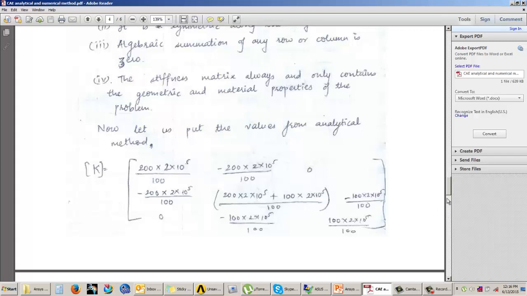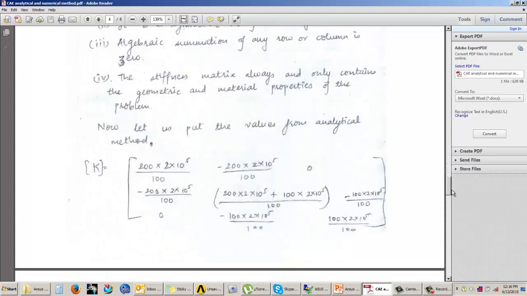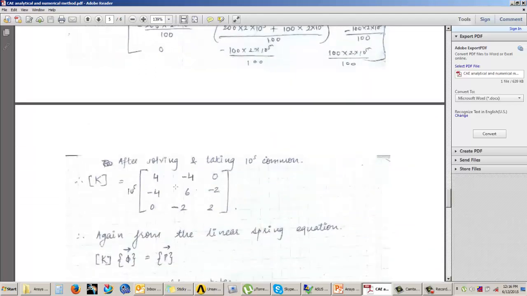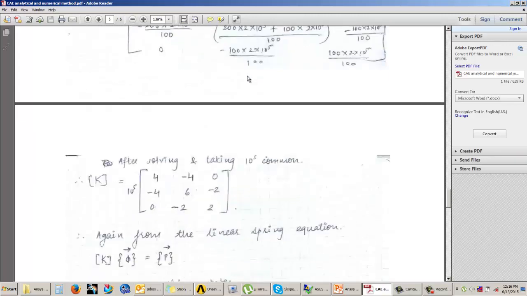We get this by putting in all the numerical values. Now we have taken 10 raised to 5 outside and solved the equation. So our equation becomes 4, minus 4, 0, minus 4, 6, minus 2, 0, minus 2, 2. You can check this by solving the equation in your own notebooks.